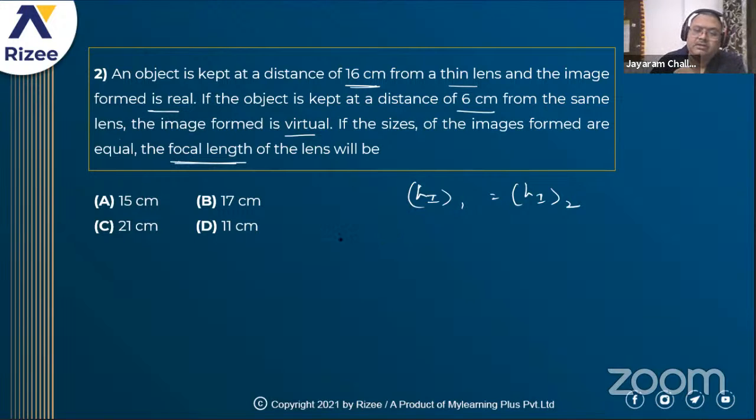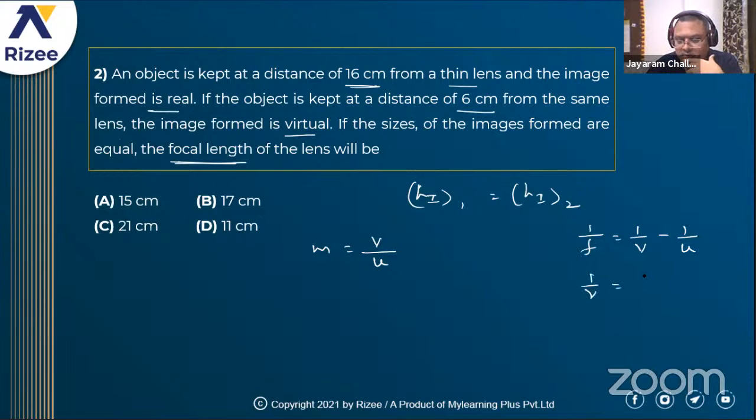So can we get the relationship between the magnification and the focal length? Magnification can be written as V by U. So this is a general thing. Using 1 by F is equal to 1 by V minus 1 by U, we get 1 by V is equal to 1 by F plus 1 by U, or 1 by V can be written as (U plus F) by (U into F).